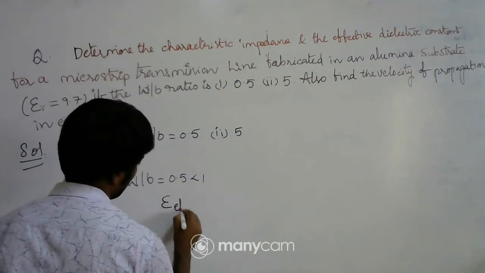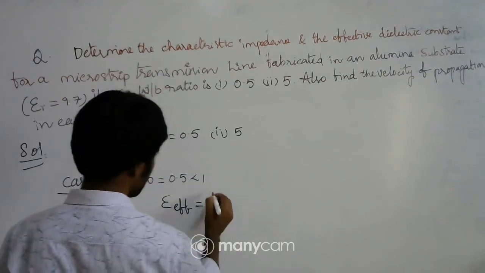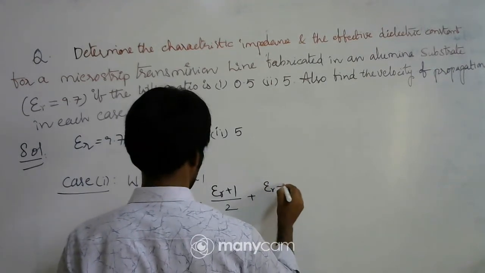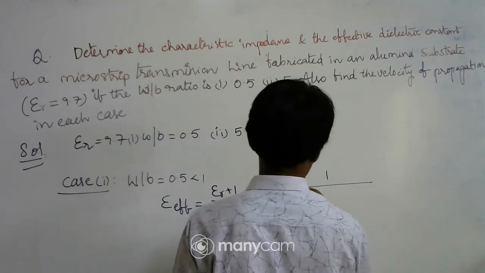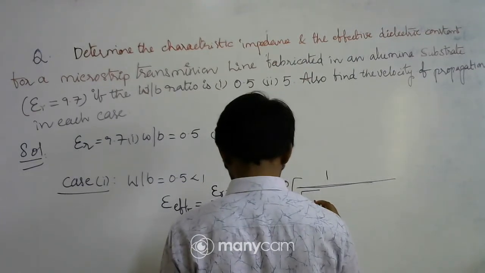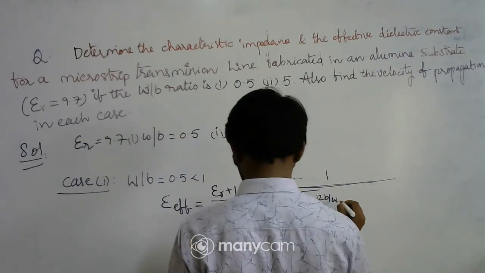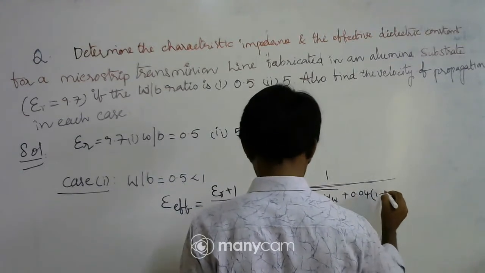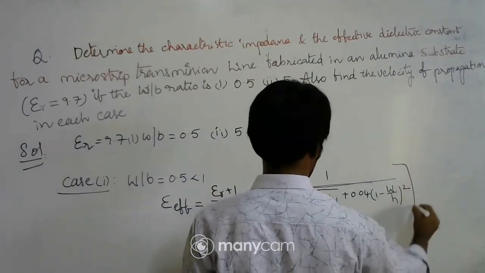Epsilon effective is equal to (epsilon r plus 1) divided by 2 plus (epsilon r minus 1) divided by 2 into [1 by square root of (1 plus 12b divided by w) plus 0.04 into (1 minus w by h) whole square].